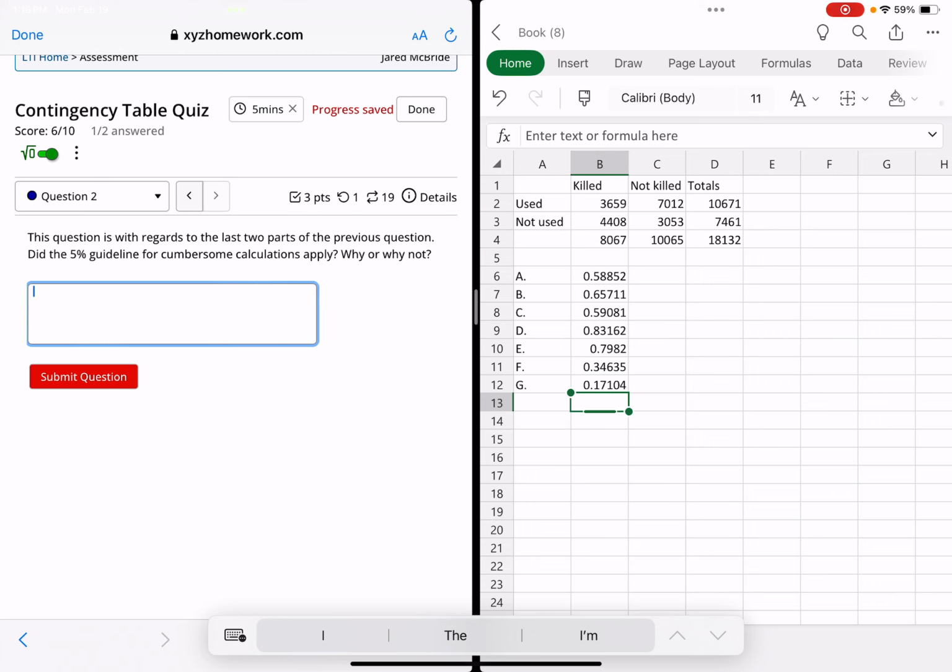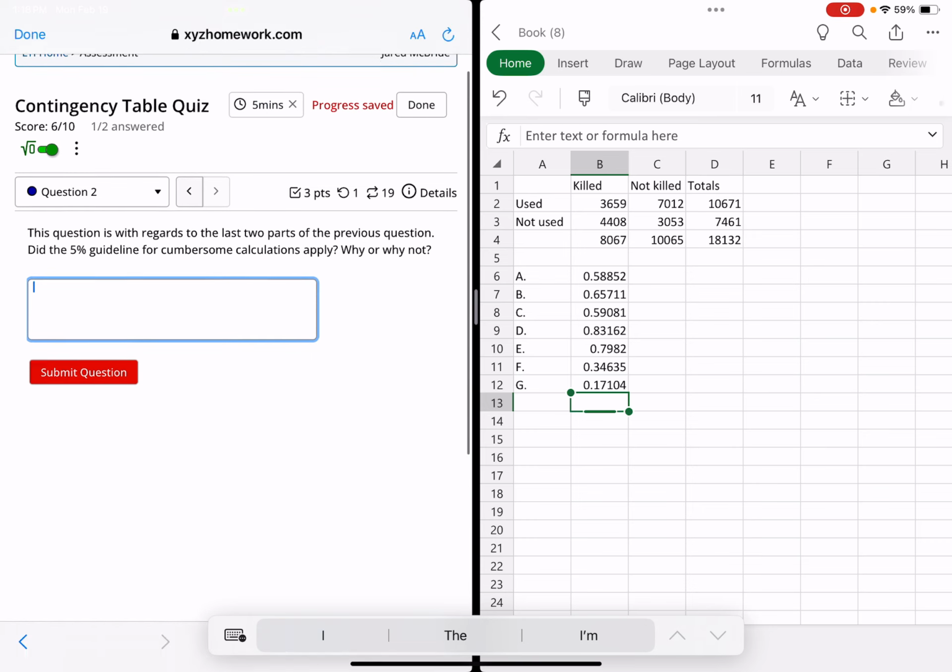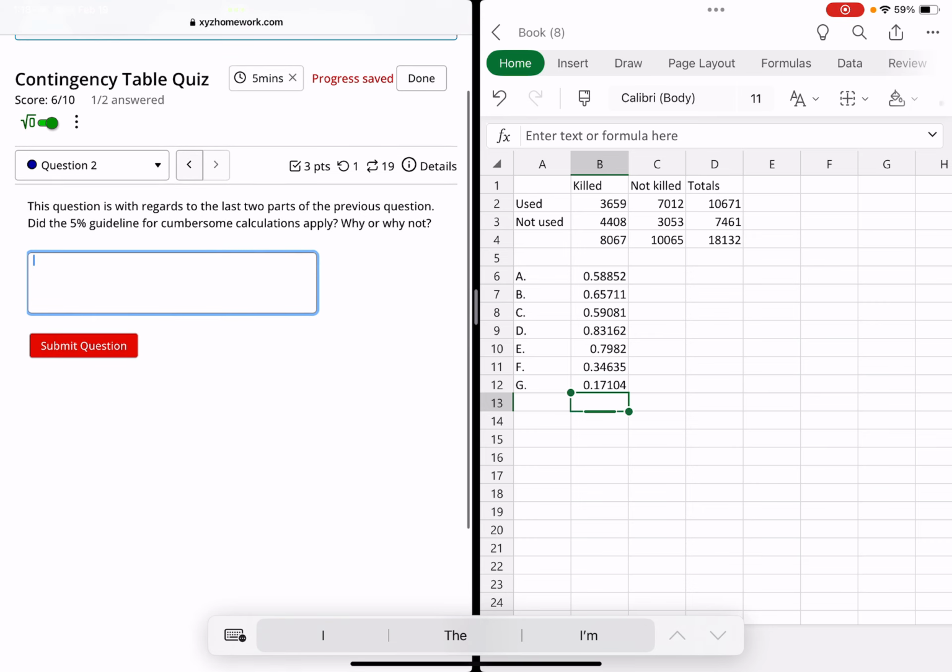This question is with regards to the last two parts of the previous question. It's a little hard to remember what those were. Did the 5% guideline of cumbersome calculation apply? Why or why not? I do remember thinking about that because it did say without replacement, so they would be dependent normally, but because the sample size was small enough, let me just write that.